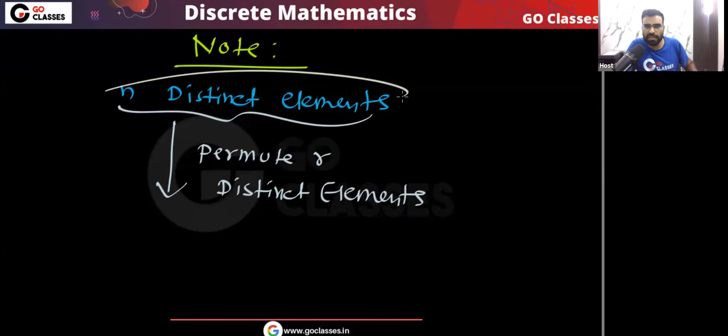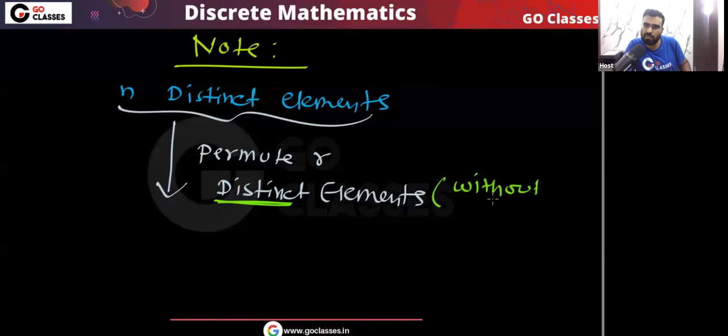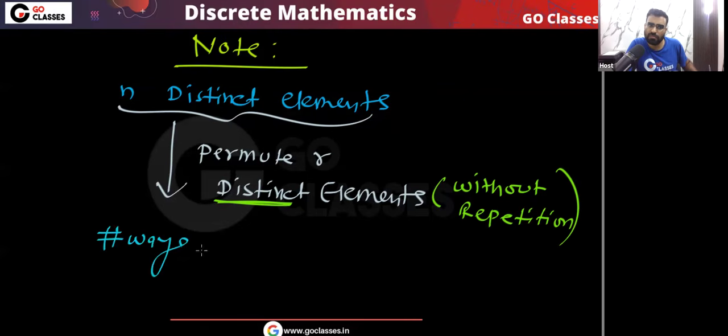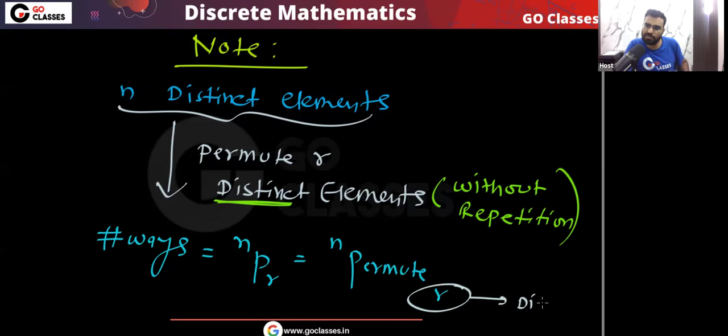There are a total of n distinct elements, and from them we want to permute R distinct elements, no repetition. Then the number of ways will be nPr, which you already know: n permute r. You can apply this formula because these elements are distinct.